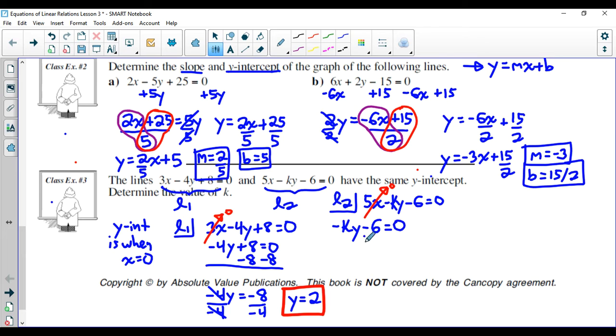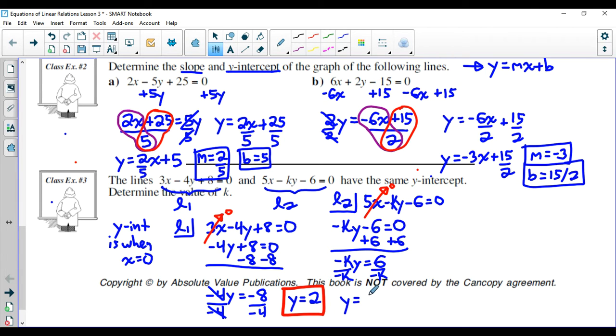K is just some number we're going to try to figure out the value of. Now we can still solve this linear equation just like we did over here. So I'm going to isolate the negative ky term first by adding 6 to both sides of the equation. So you'd then have negative ky would be equal to positive 6. To get y by itself, just divide both sides of the equation by negative k.